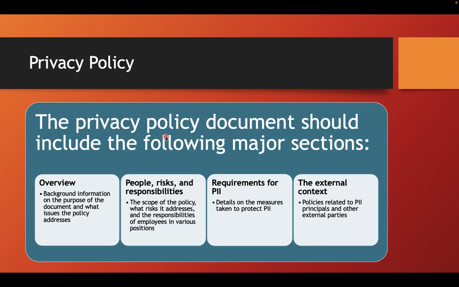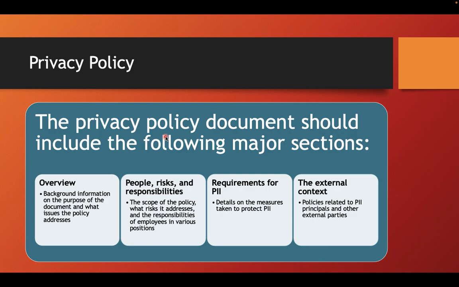Then, people, risk and responsibility: the scope of the policy, what risk it addresses, and the responsibility of the employees in various positions will be described. Requirement for personally identifiable information: details on the measures taken to protect.